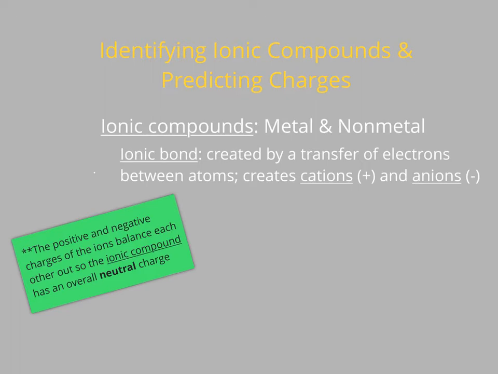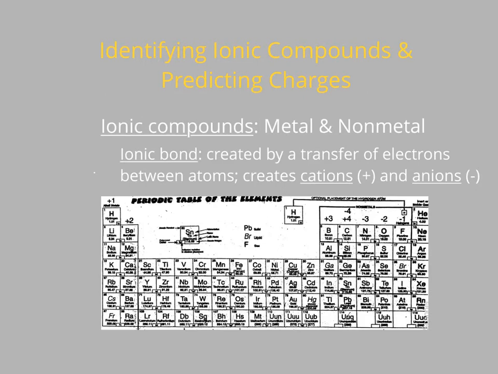If you look at the top of the groups or columns on your periodic table, you'll notice that many of them have positive or negative numbers at the top, like +1, +2, -3, -1. Those numbers indicate the charge that every element in that group or column will take on.